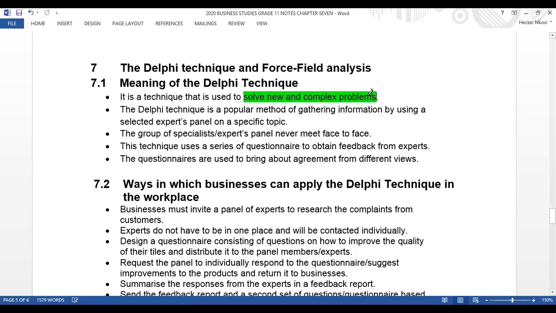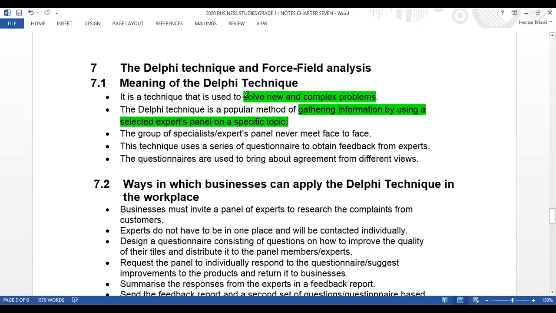New and complex problems. The Delphi technique is a popular method of gathering information by using a selected experts panel on a specific topic, right?